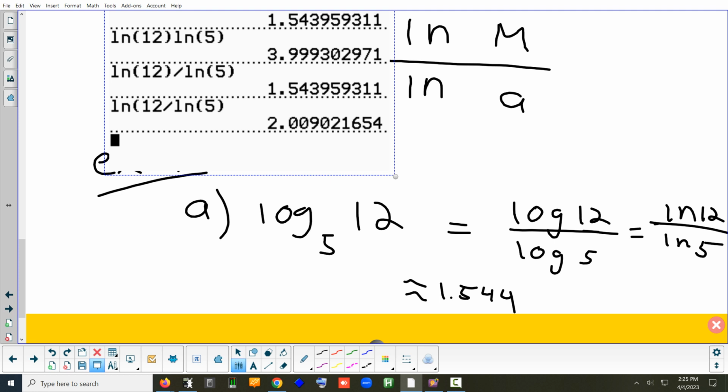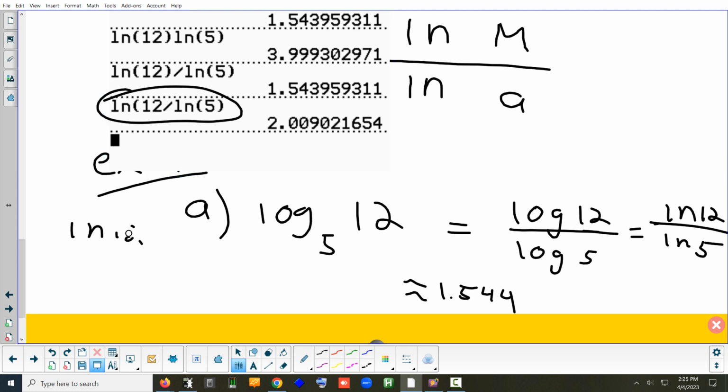I don't want to do a log in a log. What this one really means is this. ln 12, let me write up this. ln of 12 divided by the ln 5. That's not what you were going for. Okay, you need to close that parenthesis when you're done.